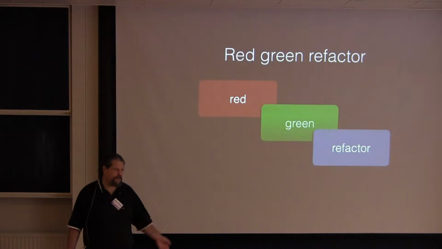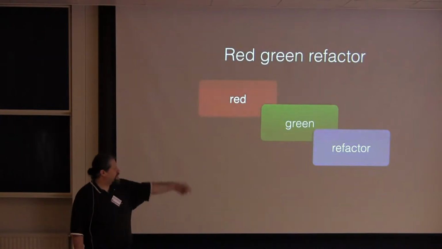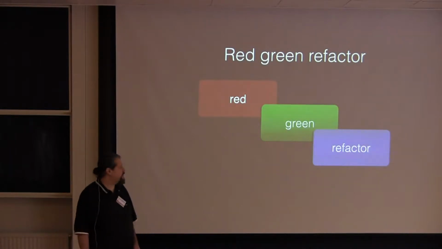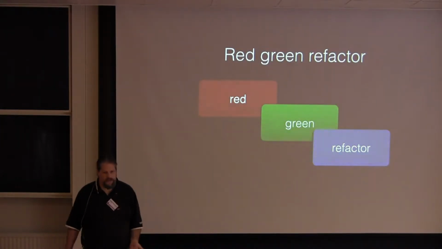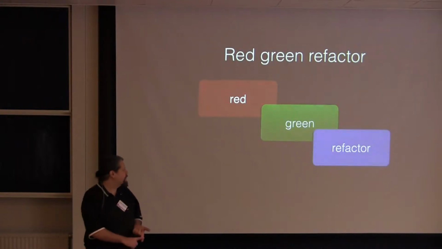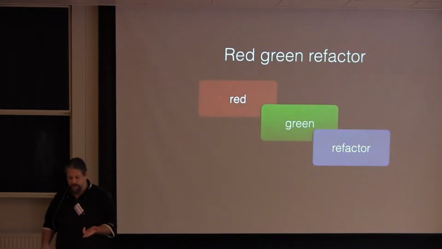You can have it on the acceptance test level, and then a loop through this can take months or at least weeks. You have it on the smallest unit level, and then a good loop takes 1 or 2 minutes, going through all of these steps. Make a test that fails, make it pass, make it look better.